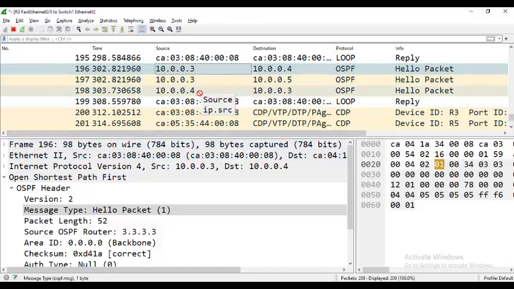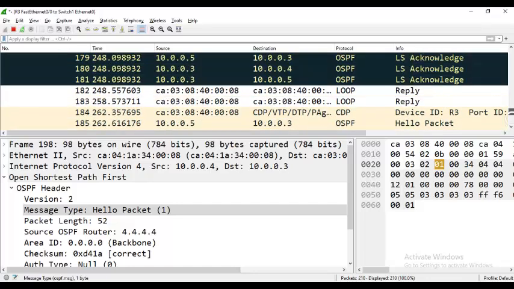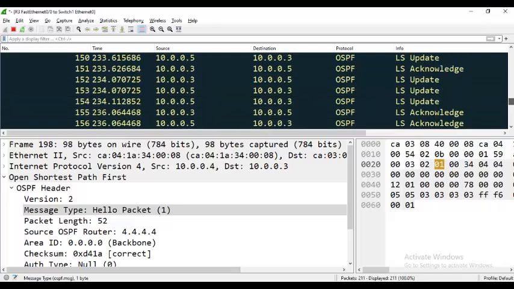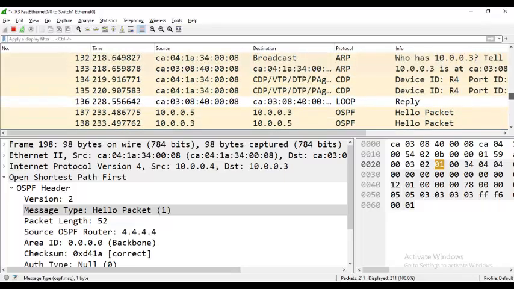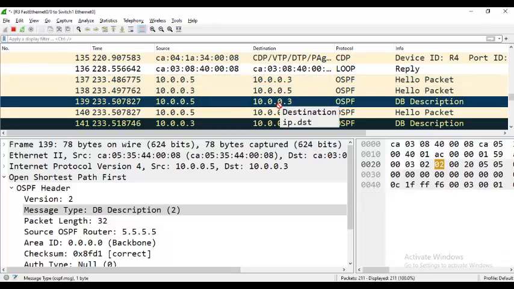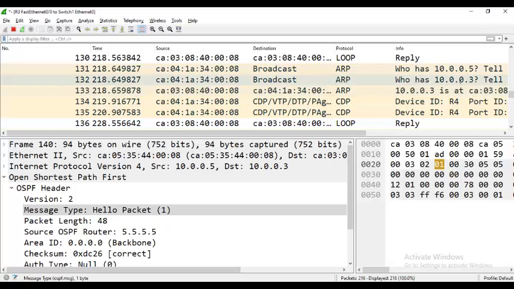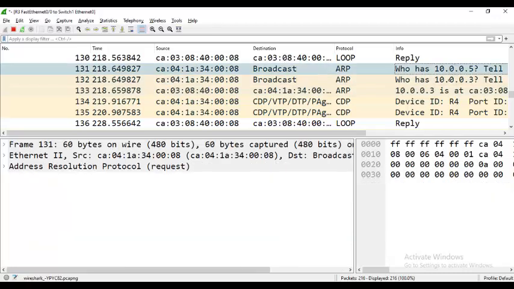ARP is sending who is 10.0.0.5 and 10.0.0.3. How it knows 10.0.0.5 as a neighbor without sending hellos? And the hellos are multicast. Sorry, unicast. I think there should be some buffer, something on the routers based on the previous scenario, the neighbor addresses which might have been used.